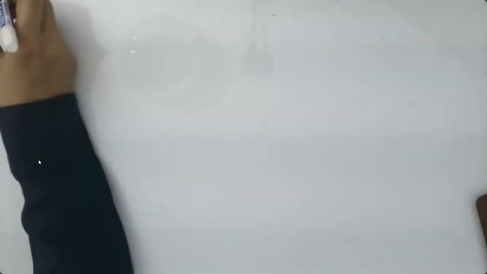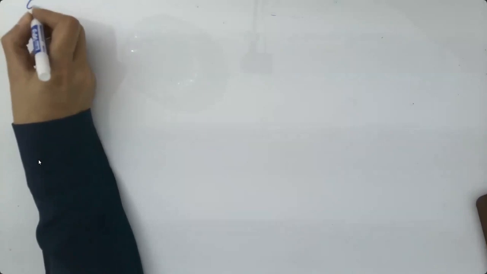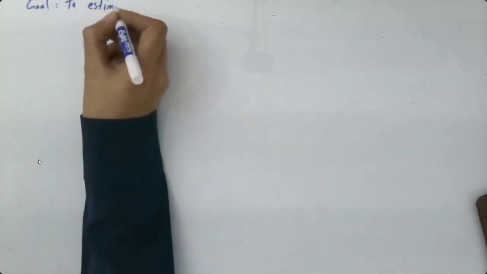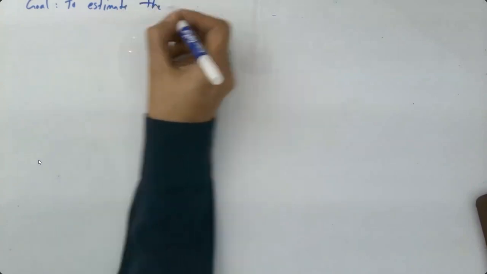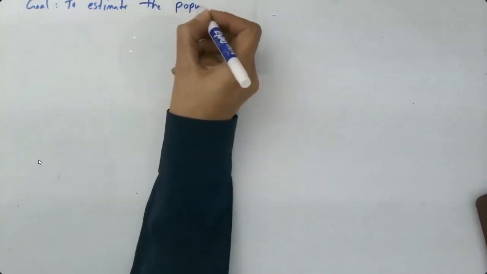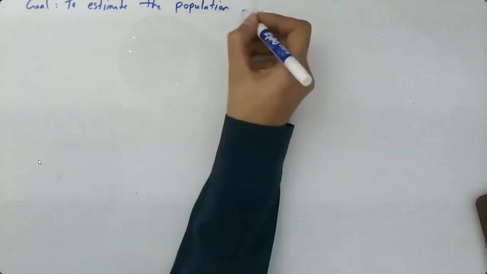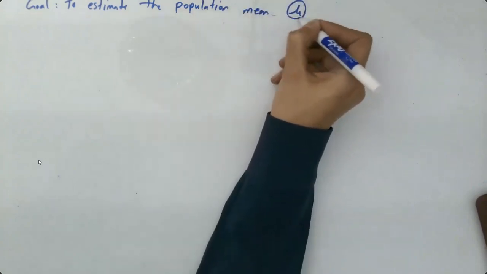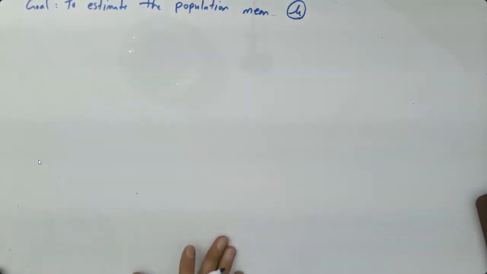Here, remember that, always write down the goal. What is the goal? The goal is to estimate the population mean. The population mean is denoted by mu. This is your job.